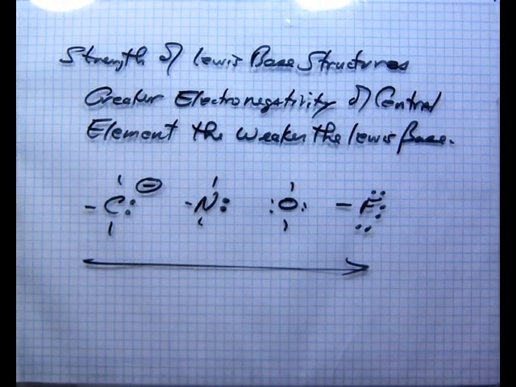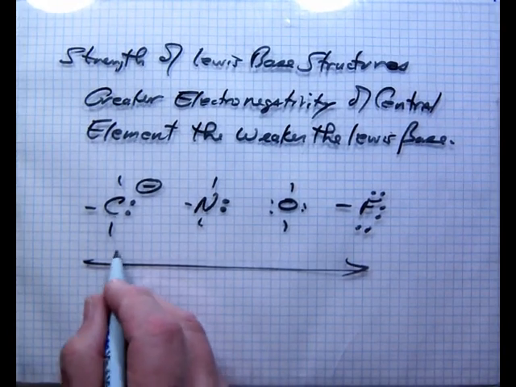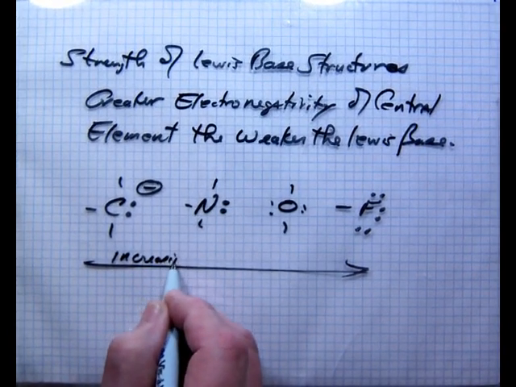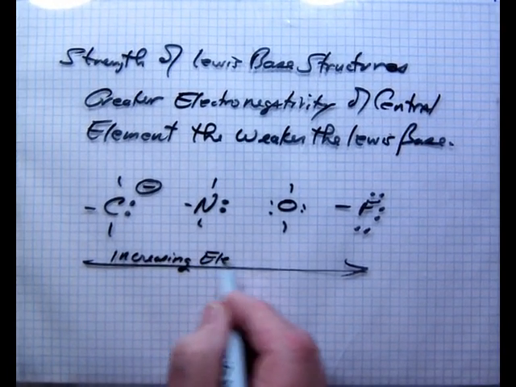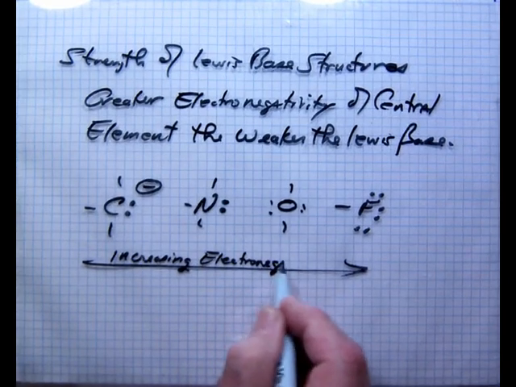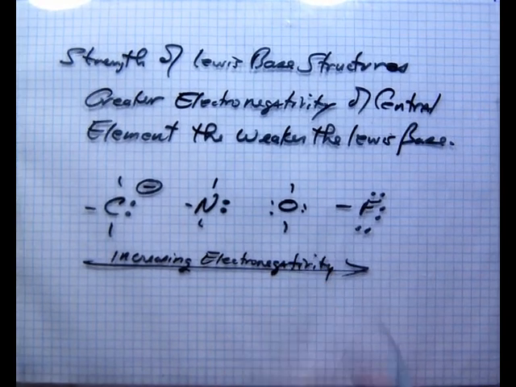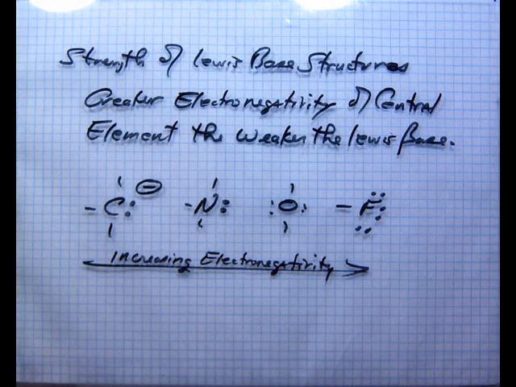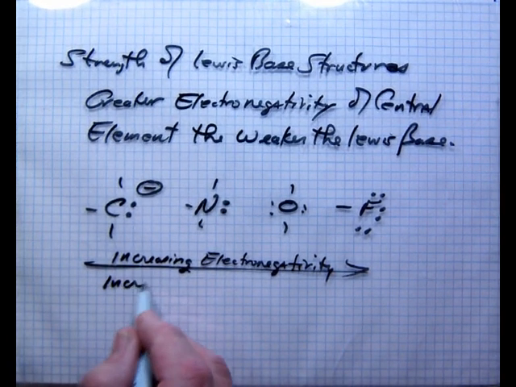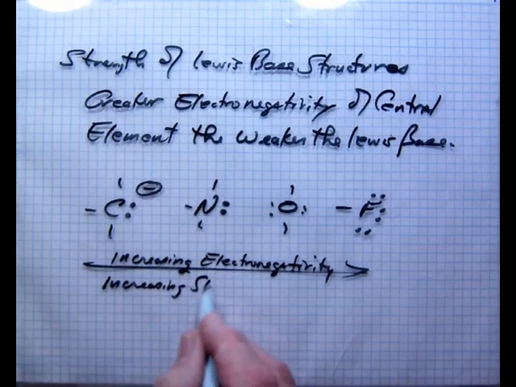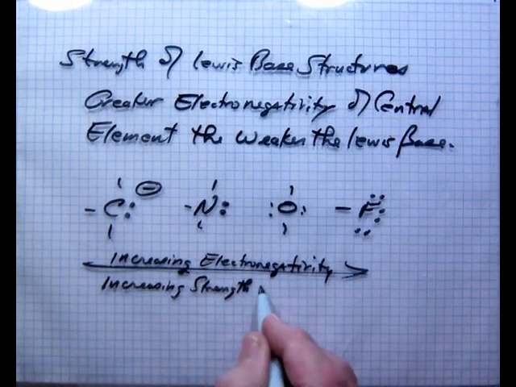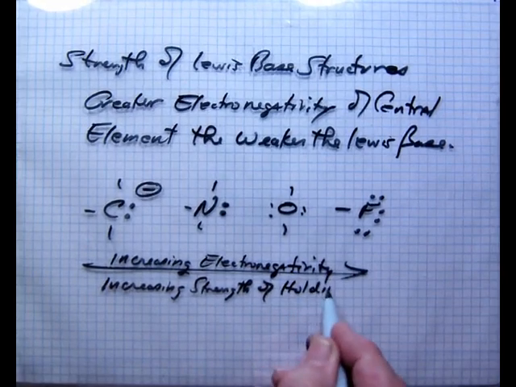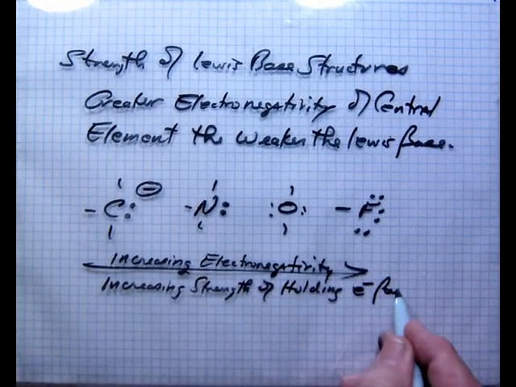From left to right in this sequence, we have increasing electronegativity. What that means is, with increasing electronegativity from left to right, the strength at which the electron pair is held onto the central element is increasing. So we have increasing strength of holding the electron pair.